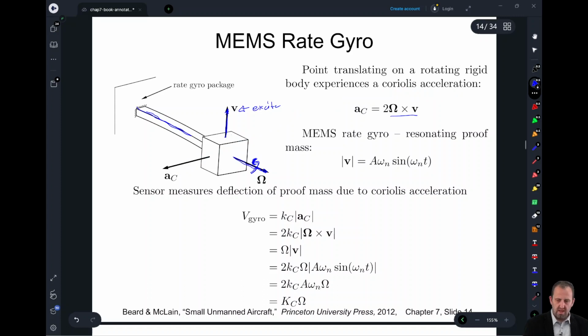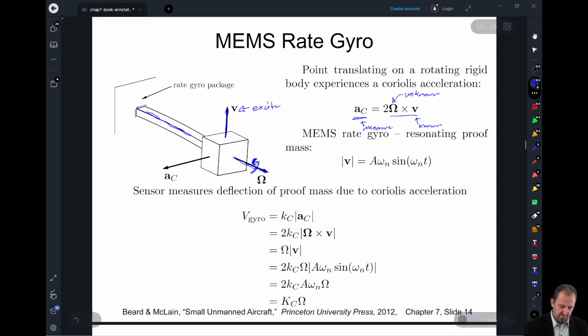Okay, so we have our Coriolis acceleration, and this is a function of something that's unknown and something that's known. And this is what we're going to end up measuring.